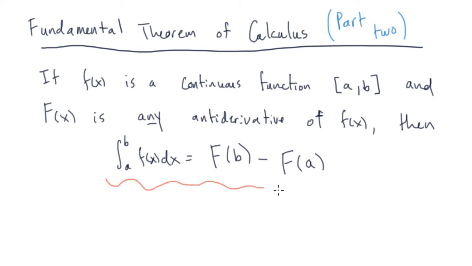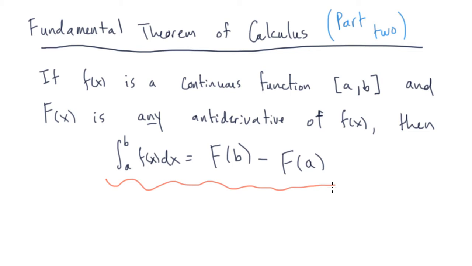And that's it. So notice what this is saying. It's saying that we want to find the area bounded beneath the graph of f of x over an interval. We don't have to take a Riemann sum and take the limit. All we have to do is find any antiderivative of f.